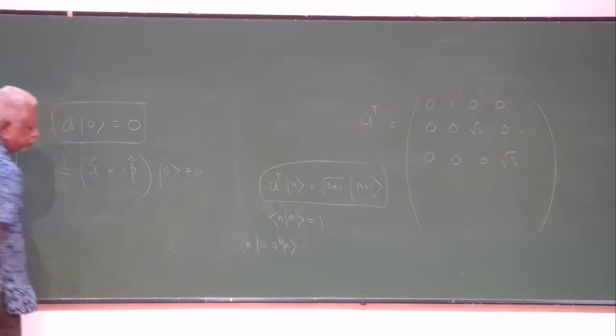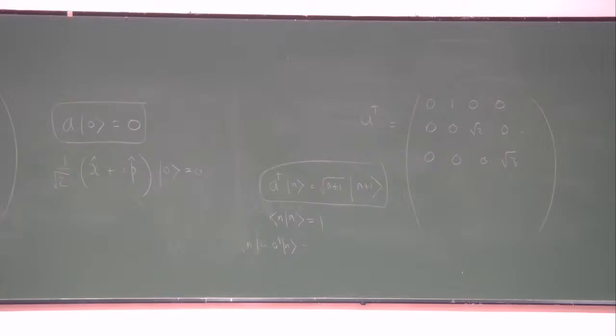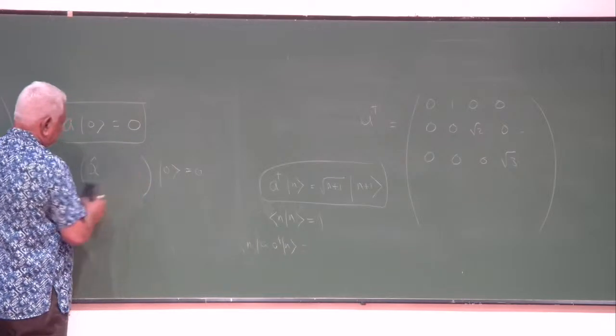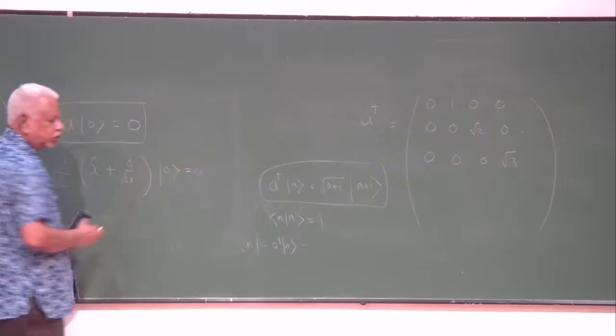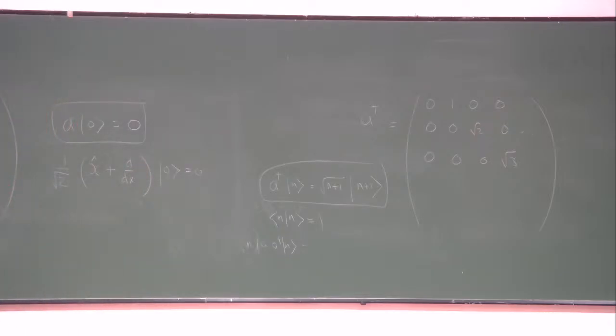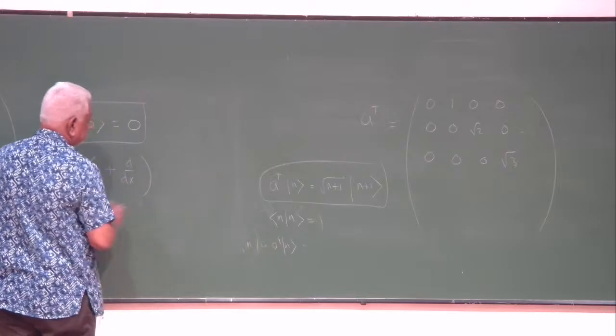But now you know what P hat is. It is minus i h bar d by dx. H bar I have taken to be 1, minus i and plus i will make it plus 1, and this is what I will call psi 0, the ground state.